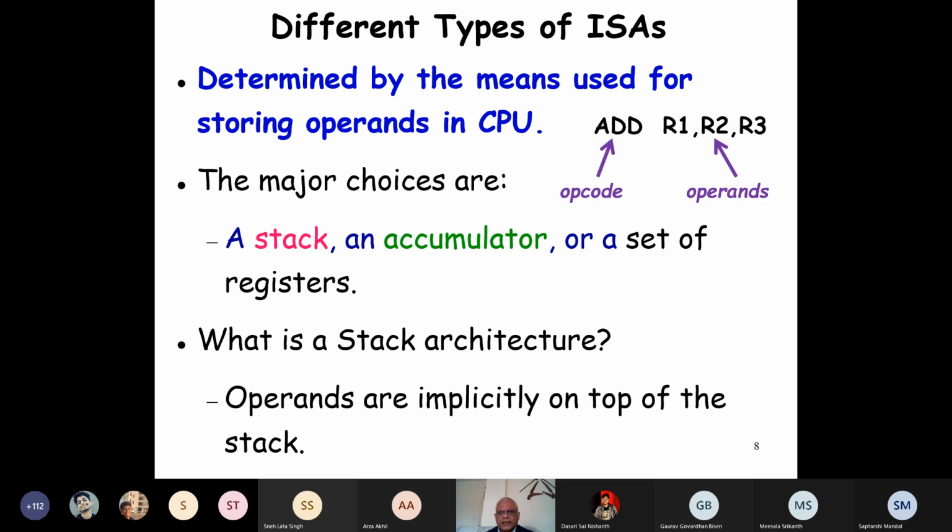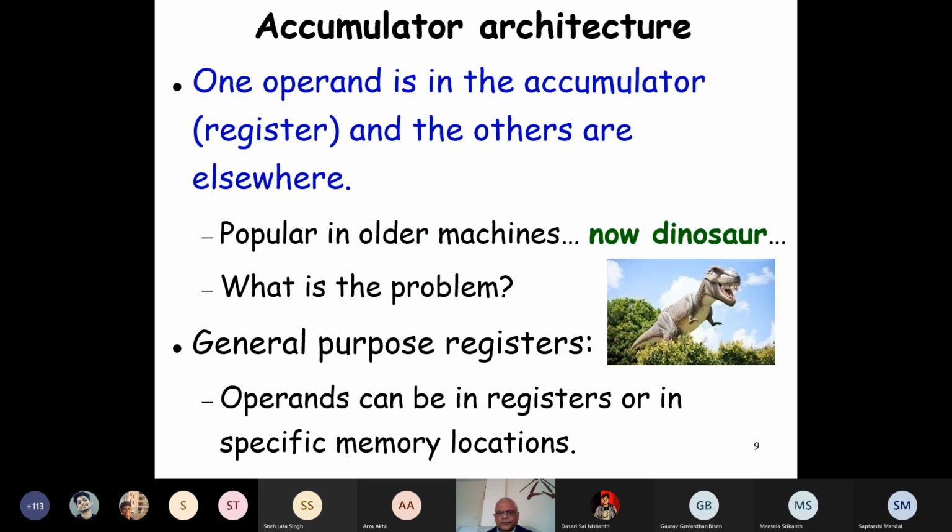The operation, the add, etc., will pick out the number of operands required from the top of the stack. Add requires 2 operands. It will pick up the 2 topmost elements on the stack. They will be popped and operated on, and the result will be produced on the stack again.